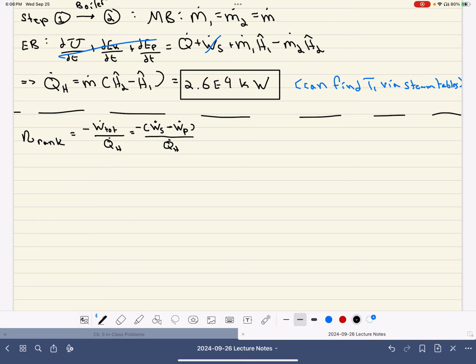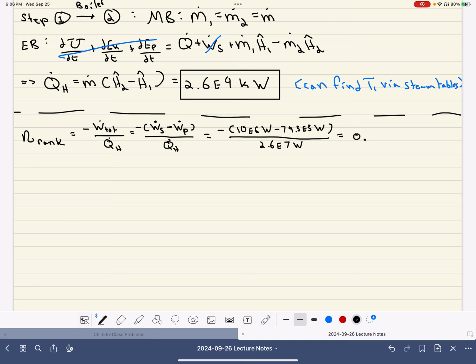Okay. All right. And so what we find here is we have negative 10 e to the 6 watts minus 74.3 e to the 3 watts. That's going to be divided by 2.6 e to the 7 watts.